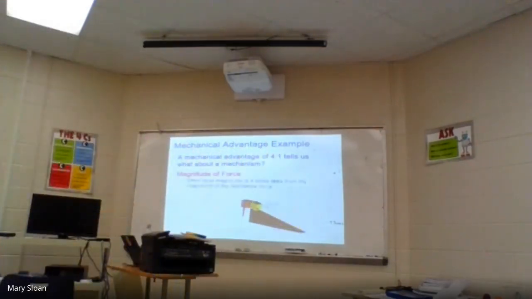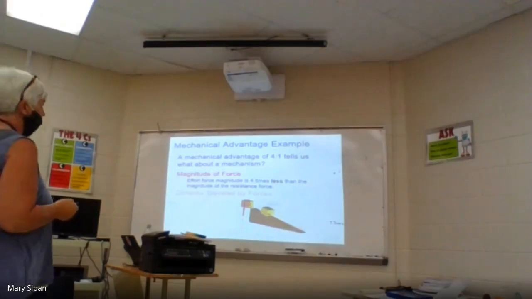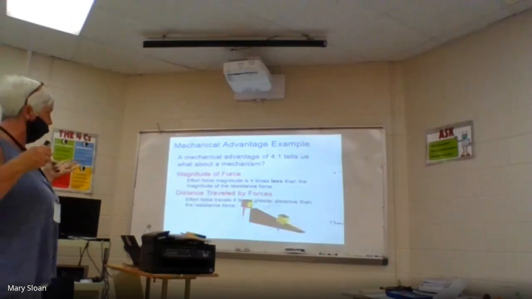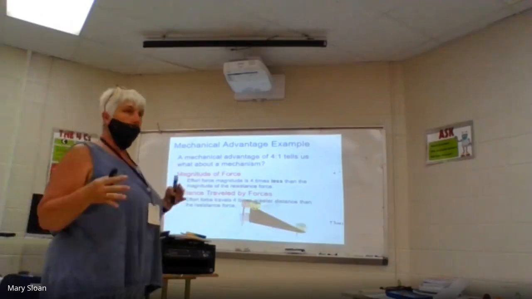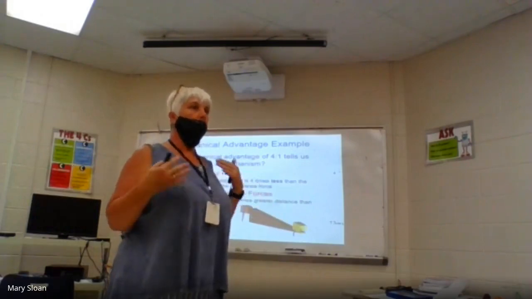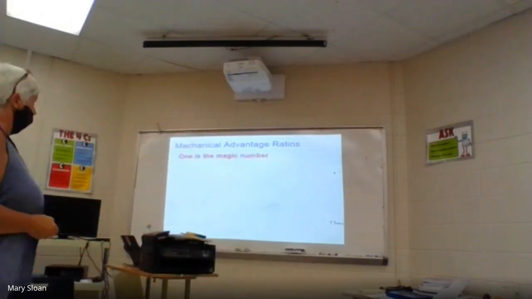So the magnitude of the effort force is 4 times less than the magnitude of the resistance force. And the distance traveled by the effort force is 4 times greater than the resistance force. So this is a whole lot easier, a whole lot quicker, and takes less energy, okay?